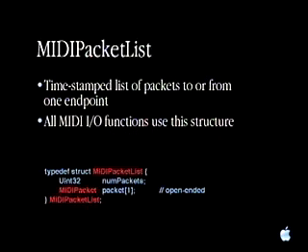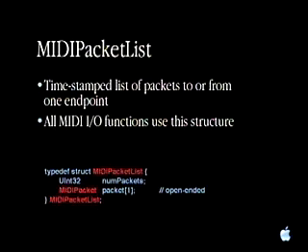Okay, before we look at how to actually perform MIDI I/O, let's look at the data structures in which MIDI messages are sent and received. We have this thing called a MIDI packet list, which provides a list of time-stamped packets to or from one endpoint.